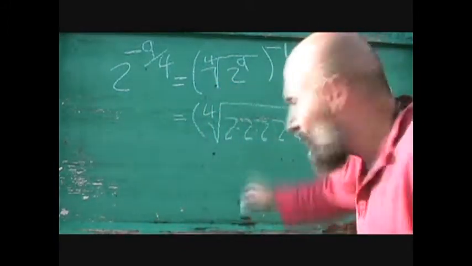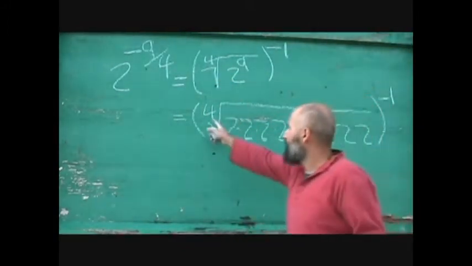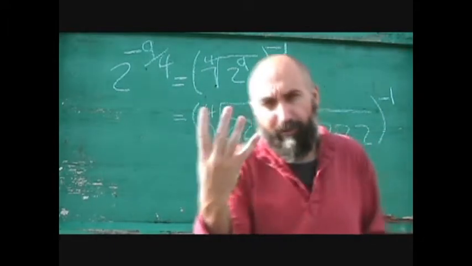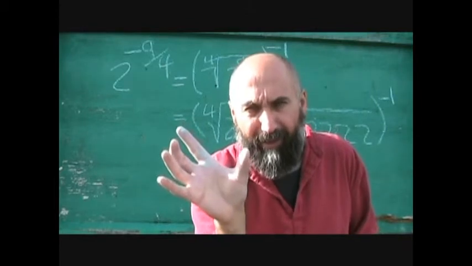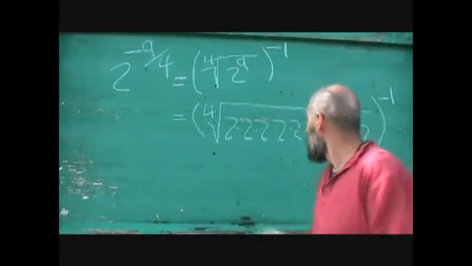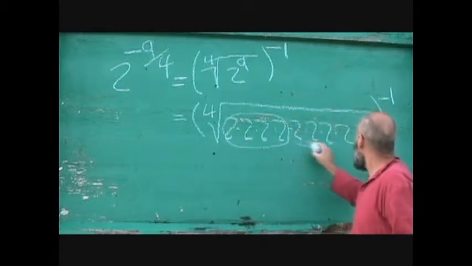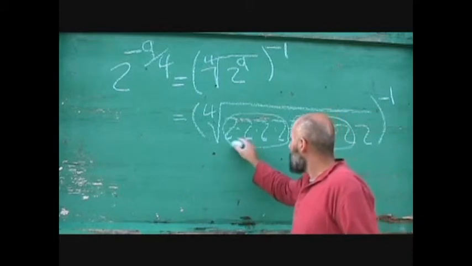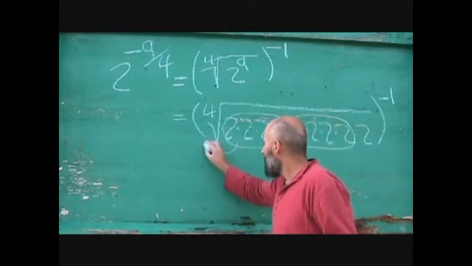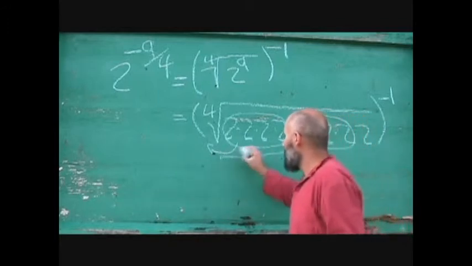Right? So all those 2's multiplied together means 2 to the power of 9. Now what the 4 means here is you're looking for quadruplets. You're looking for 4 things, combining 4 of them together so you can bring them out as a single. So these 4 guys, and you got 4 guys here, these 4 guys can come out of this boundary as a single 2. These 4 guys can come out of the same boundary as a single 2.